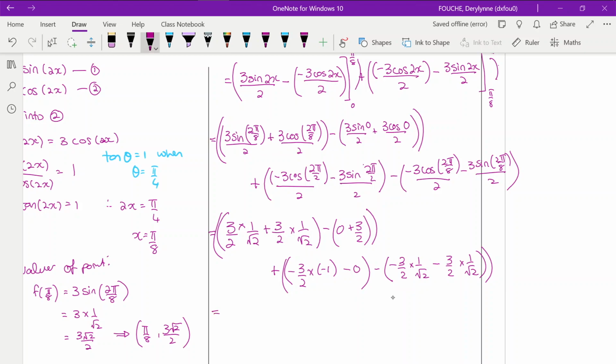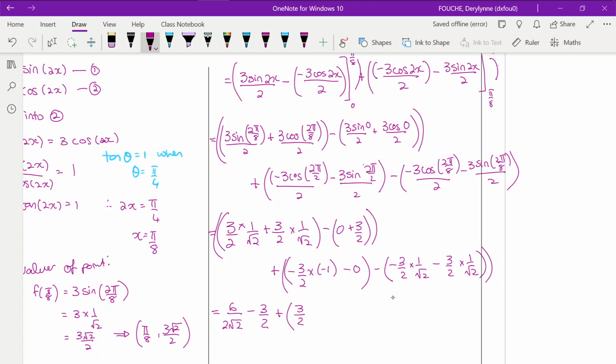Okay, so now we have 3 over 2 root 2 times 2, so that becomes 6 over 2 root 2, minus 3 on 2. And then here, negative times a negative, let's just get them nicely together. We have 3 on 2.